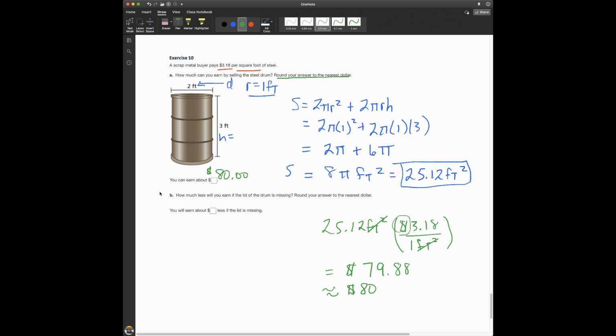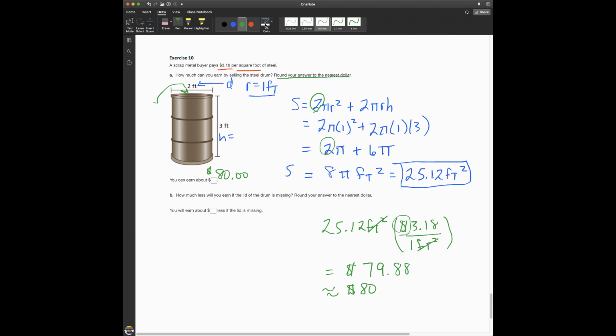Okay. What if the lid is missing? So if there's no lid on here, then I don't need to find the area of 2 circles. All right. So then what happens is down here, that 2 goes away.